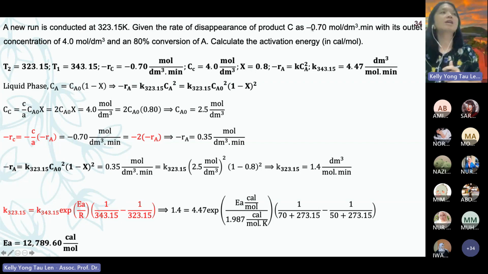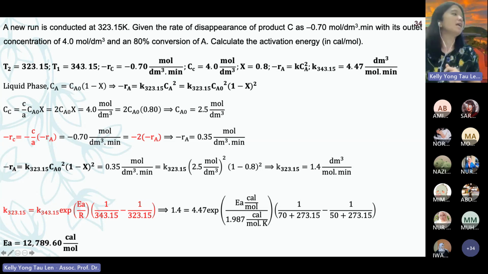Dia beri kita conversion 0.8. Again, kalau kamu confused dengan konsep conversion, always refers to your reactant A. Walaupun kadang saya tak tulis conversion of A, kerana saya tulis conversion sahaja, kamu kena faham dia merujuk kepada reactant A. Okay? Calculate. Disuruh kita cari activation energy.